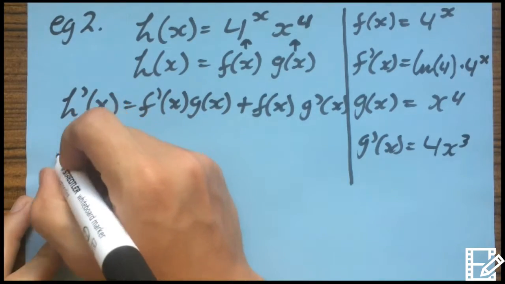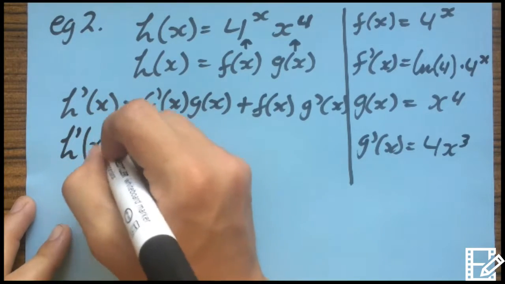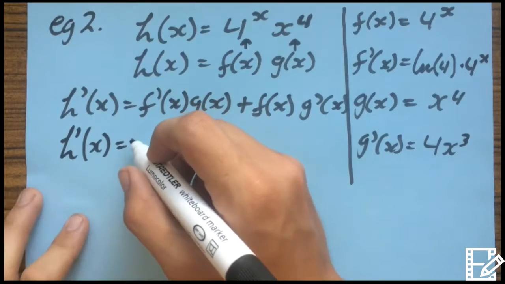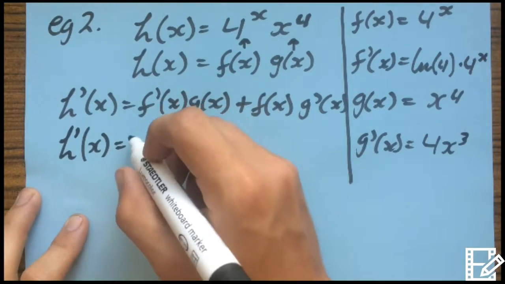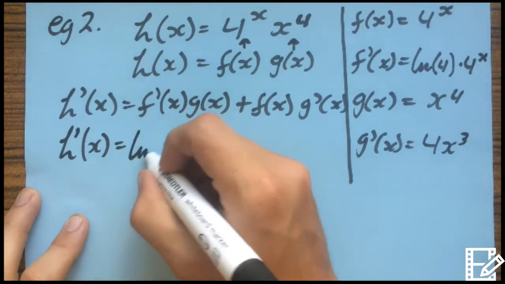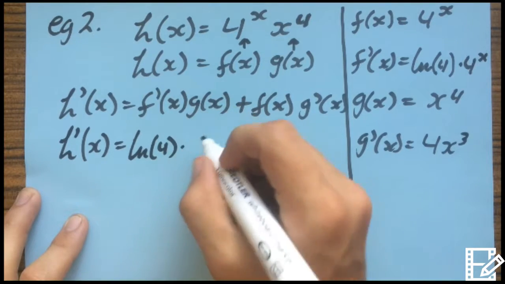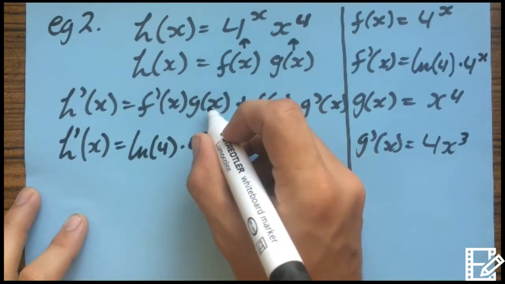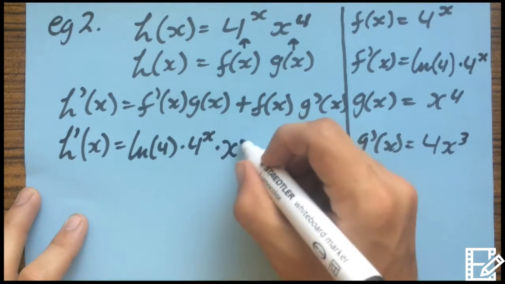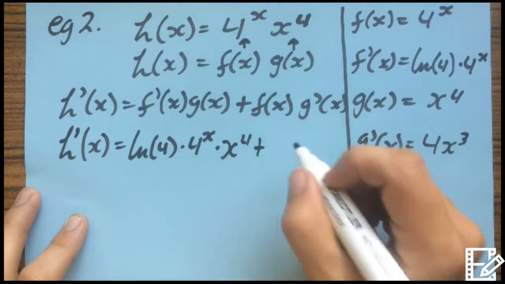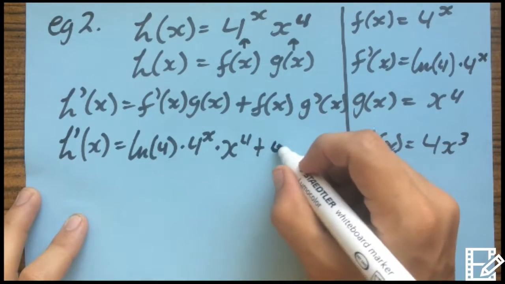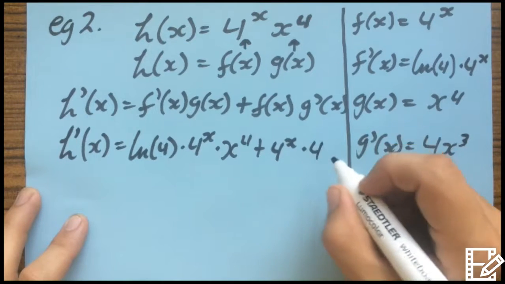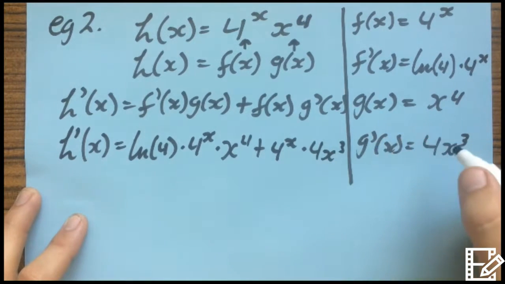If we input these values into this equation, what we get: derivative of f(x), ln 4 multiplied by 4 to the power of x, multiplied by g(x), x to the power of 4, plus f(x), 4 to the power of x, multiplied by derivative of g(x), 4x to the power of 3.